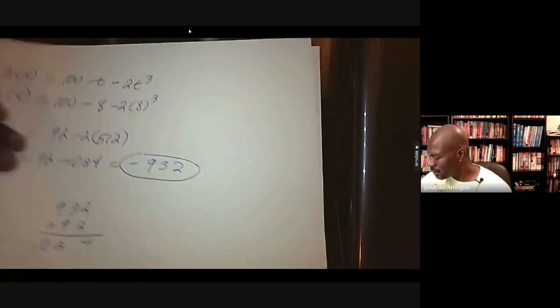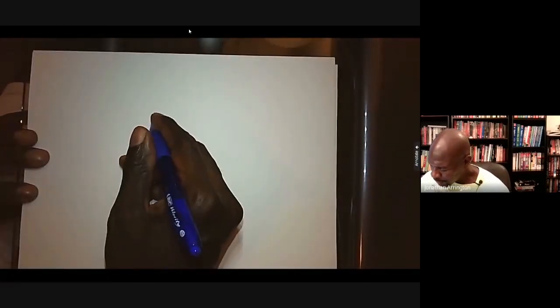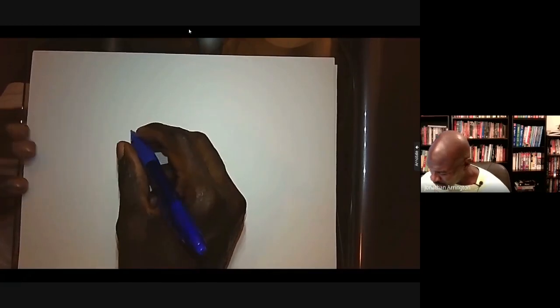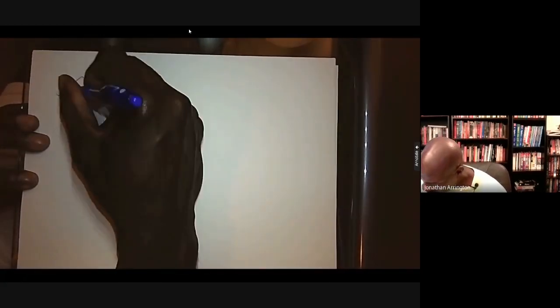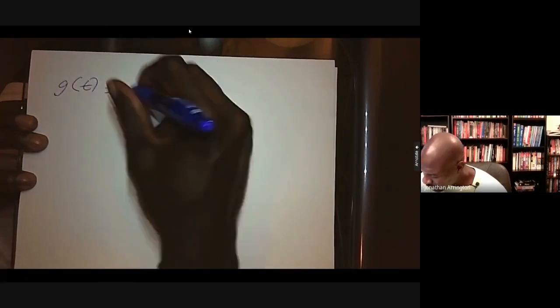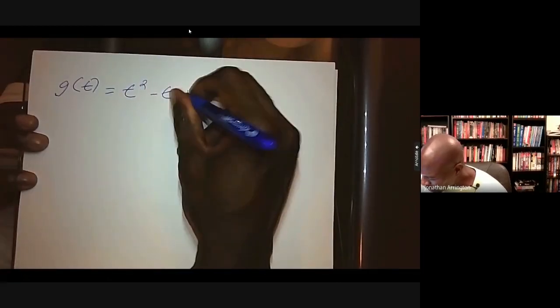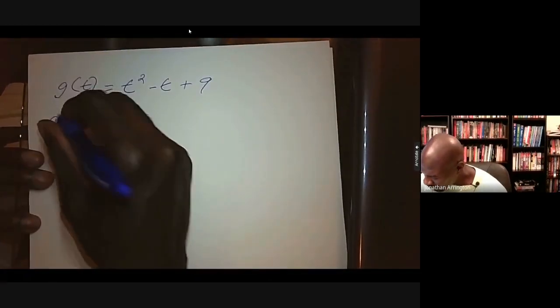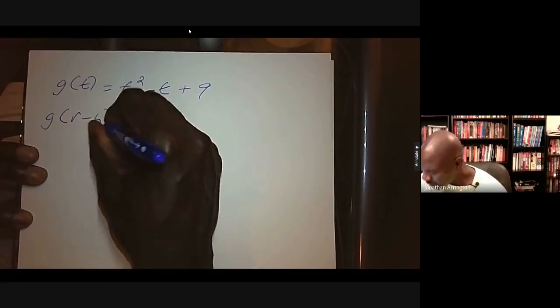But lastly, as this lesson is almost complete, I want to introduce a couple other things of evaluating functions. So say we have the function g of t, and g of t is t squared minus t plus 9, and say I want to find g of r minus 6.